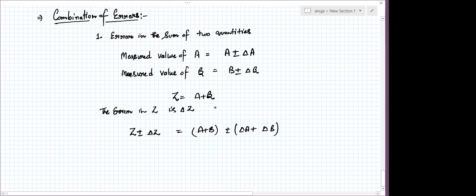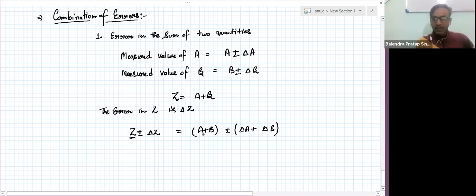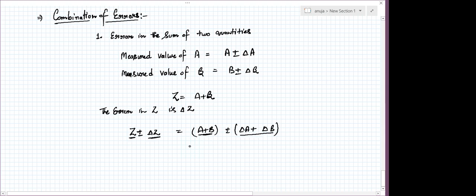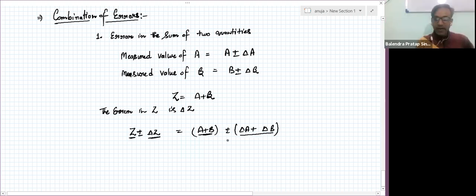Z is equal to A plus B, and delta Z is basically delta A plus delta B.